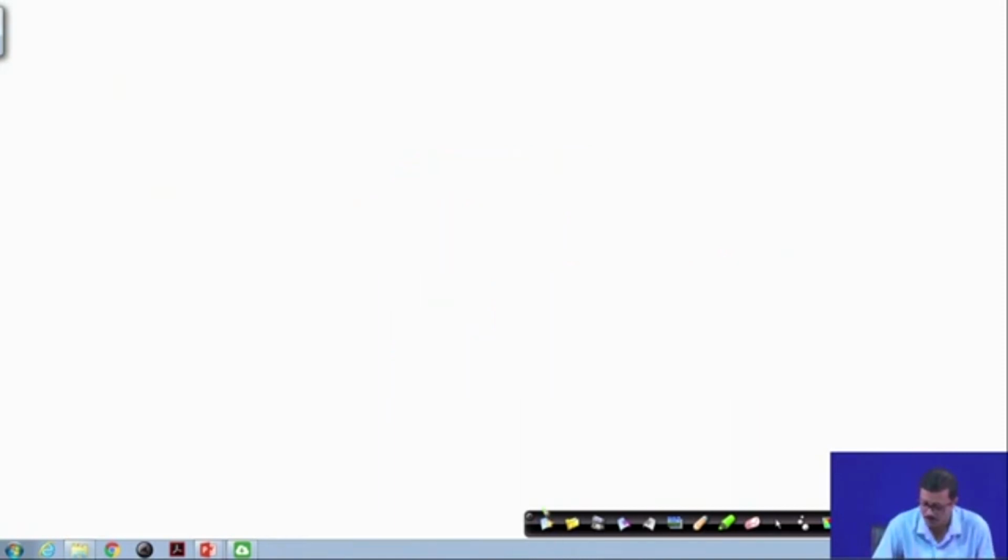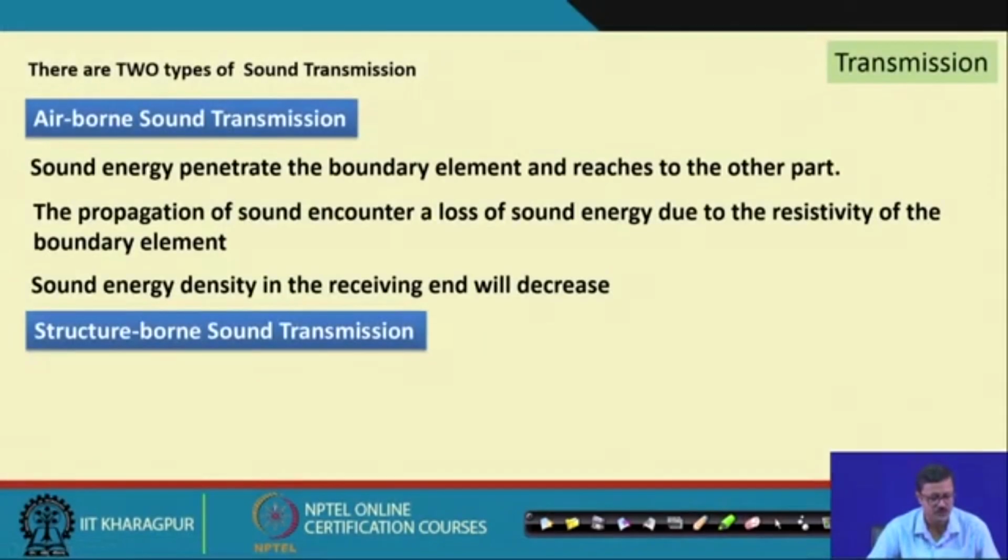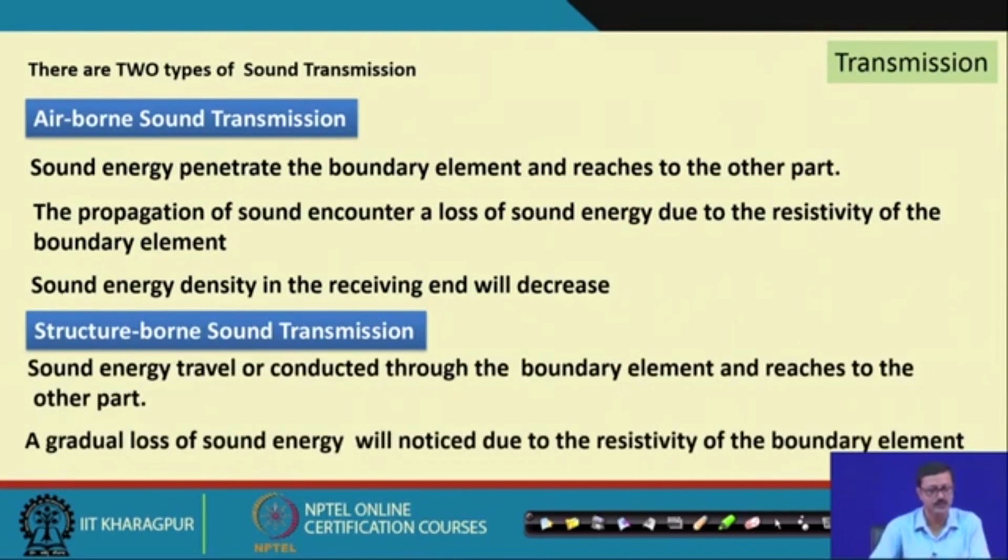So, structure borne sound transmission and airborne sound transmission need two very different approaches when we actually deal with stopping that transmission of sound, and we will discuss that in the latter part of our discussion. In the case of airborne sound, the sound energy penetrates the boundary element and reaches the other side, and it is created by some kind of vibration or resonating effect.